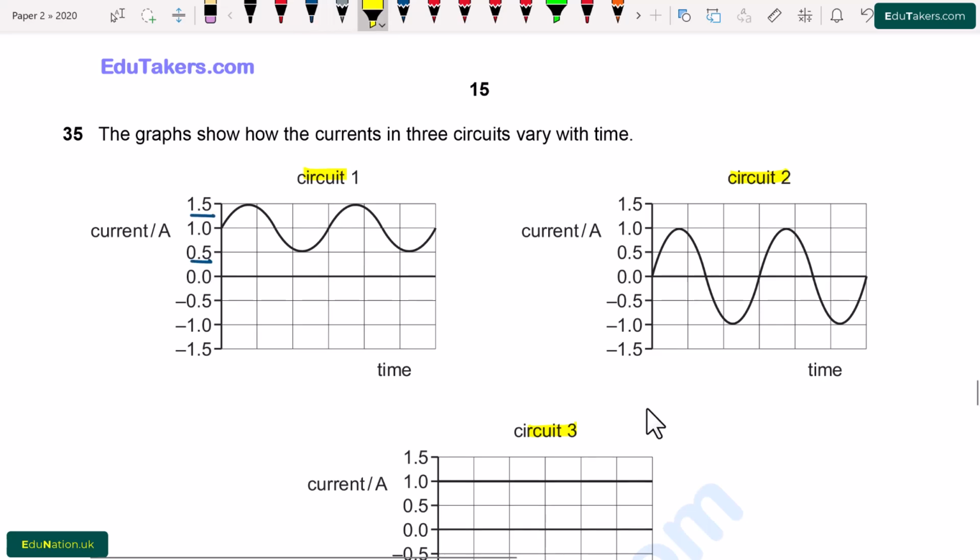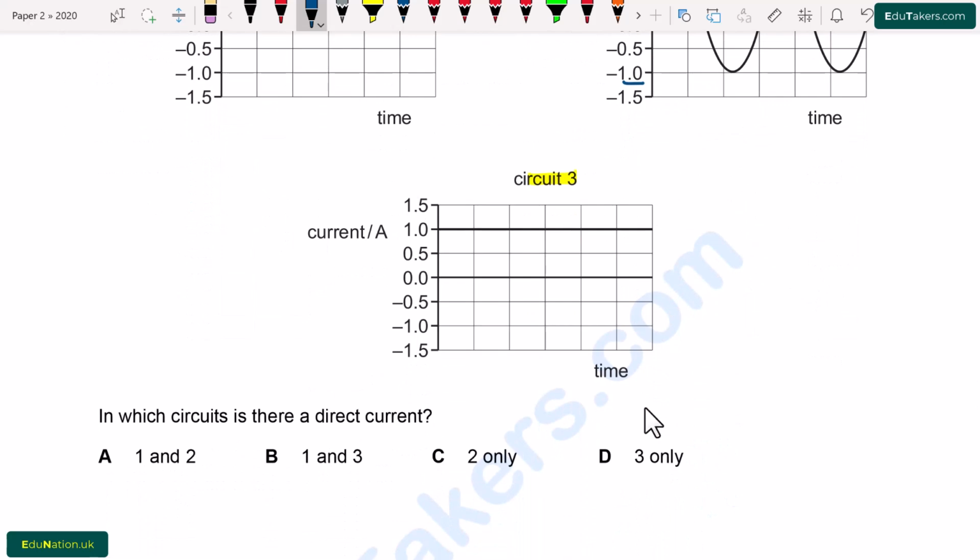In the circuit 2, we see here that the values vary between minus 1.0 and 1.0. So in the case of circuit 2, there is a change of polarity. But in the third circuit, there is only a single value of the current, which is 1.0.